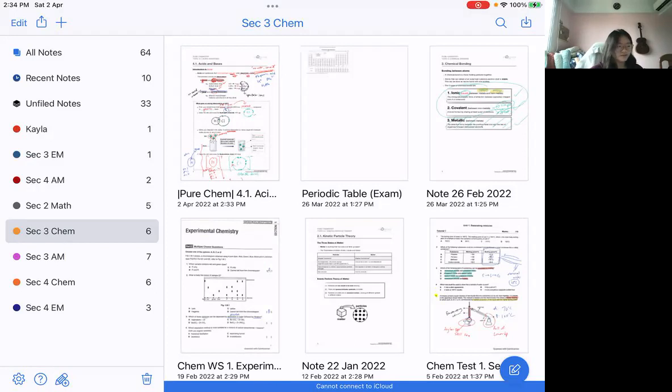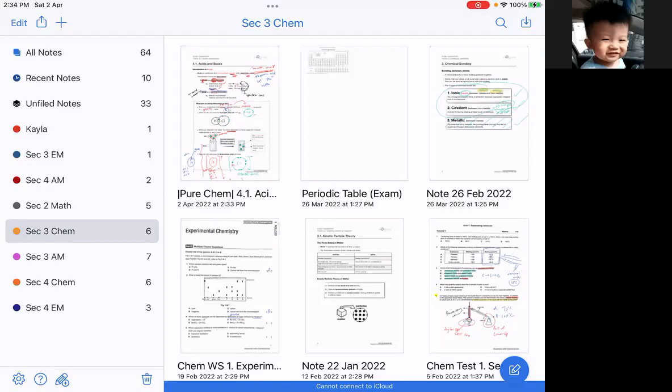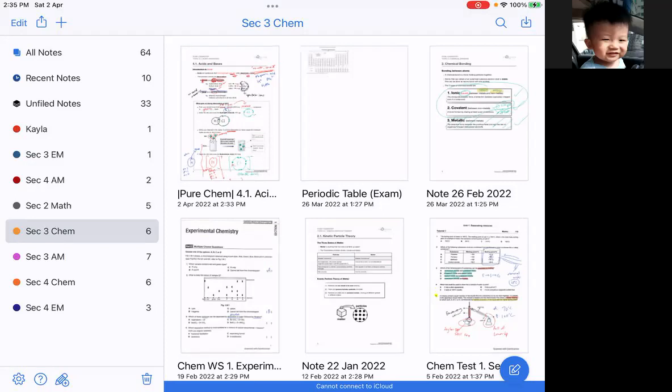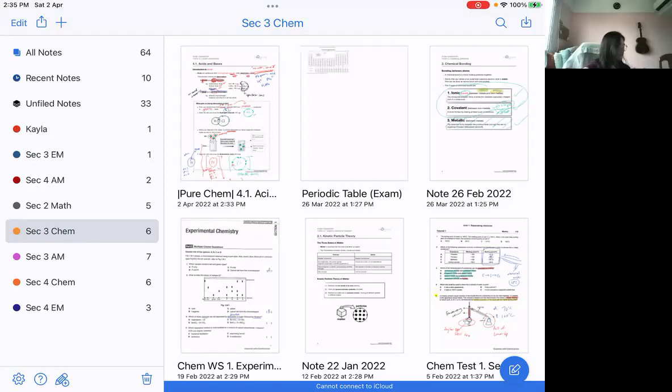We finished up till chapter 6, but we skipped chapter 5, logarithms and exponentials. Okay, so that one will be after mid-year or what? It will be before mid-year also. The teacher gave us the topics for WA2 and I don't think chapter 5 is inside.